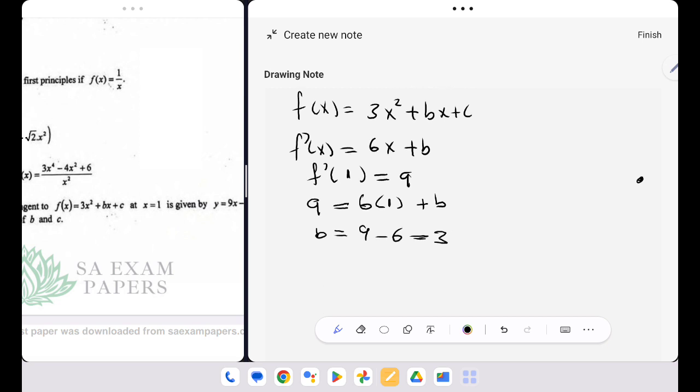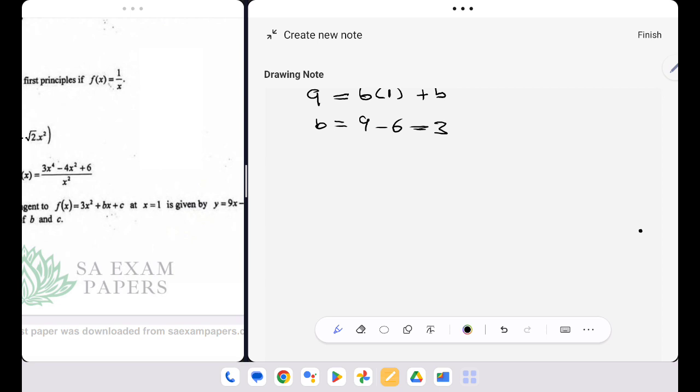Are you together? So this thing simply means that my f of x is equal to 3x squared plus 3x plus c. For me to find the value of c, I must just substitute the point into my equation, because I know that my y value is 0, but this happens if and only if my x value is 1.